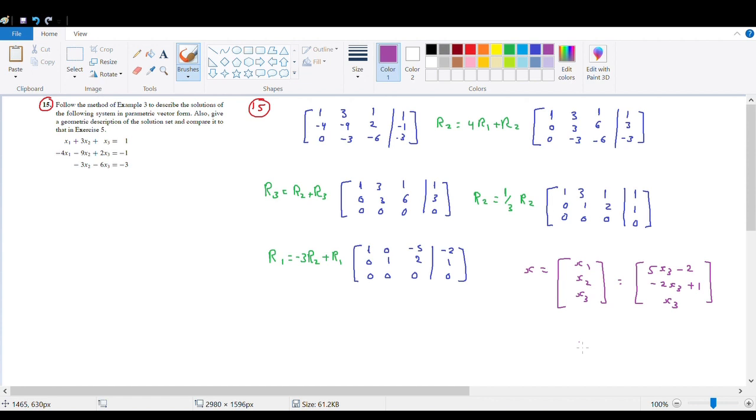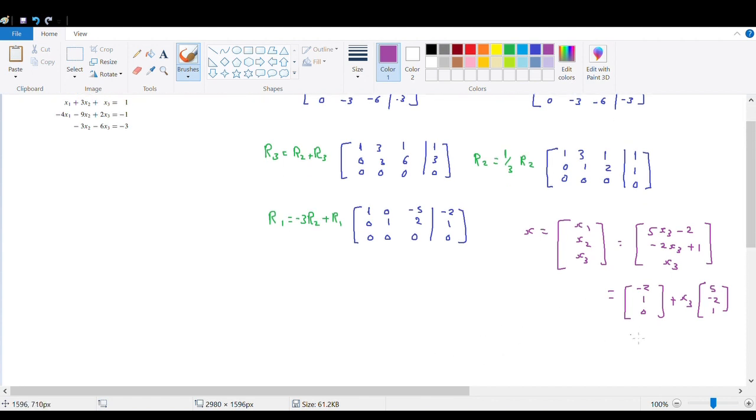Now to write this in parametric or vector form, if we take first the constants, the constants here are minus 2, 1, 0, plus x3 as a free variable, so here we have 5, minus 2, 1. So to describe this geometrically, the solution set is a line through minus 2, 1, 0 parallel to 5, minus 2, 1.